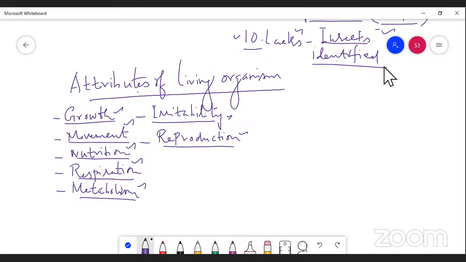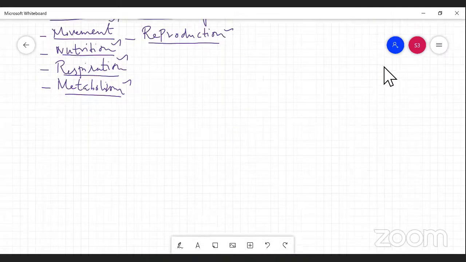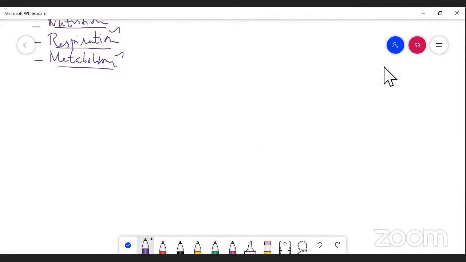The first one we are going to discuss is growth. What is growth? Growth is an intrinsic property of the living organism.